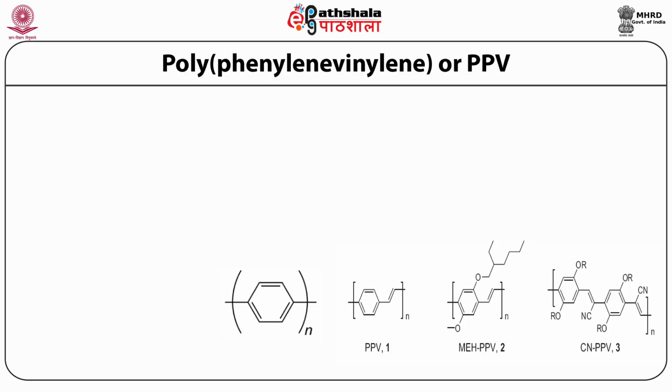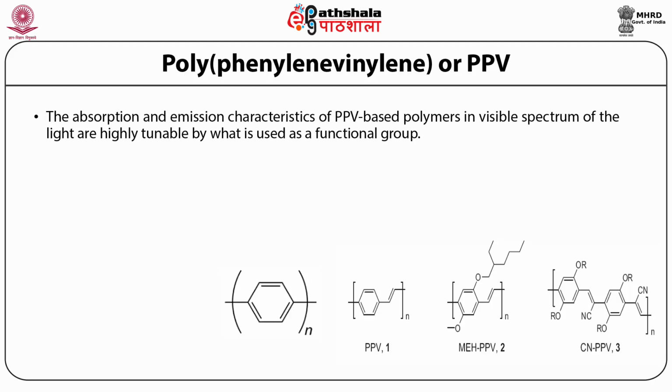Subsequently, work was devoted to studying the effects of changes in the functional groups on the properties of PPV. The absorption and the emission characteristics of PPV-based polymers in the visible spectrum of light are highly tunable by what is used as a functional group.